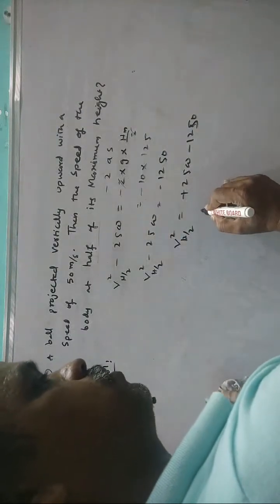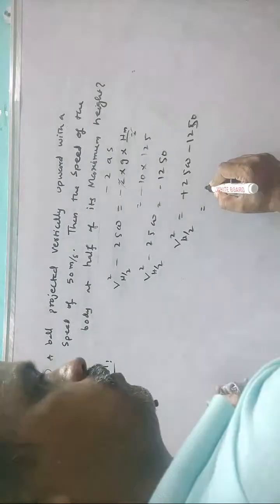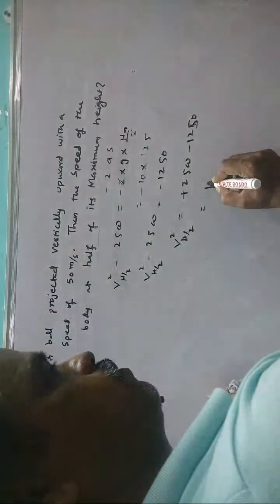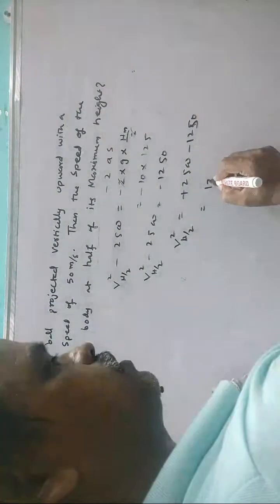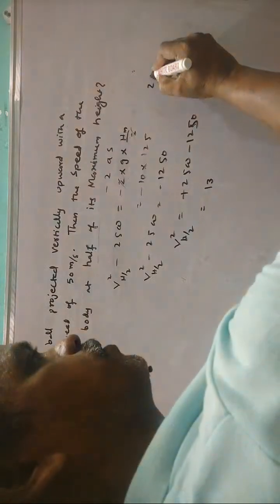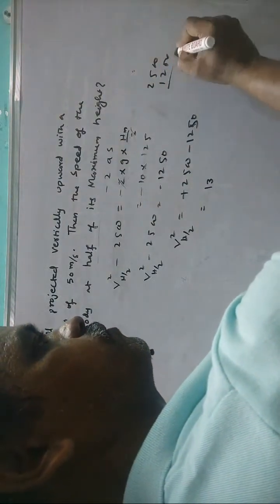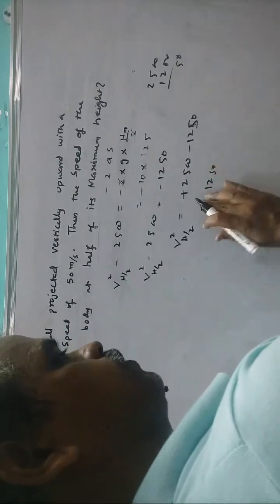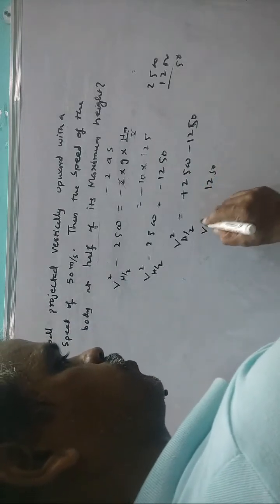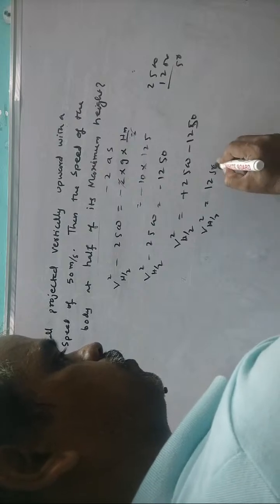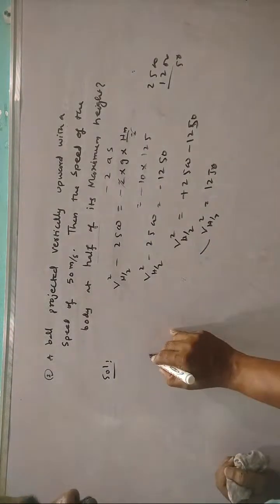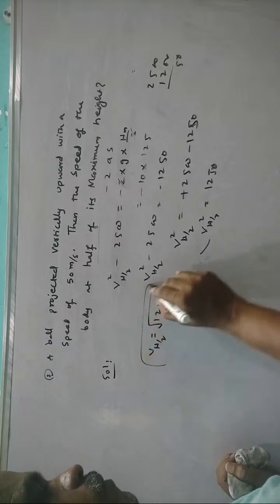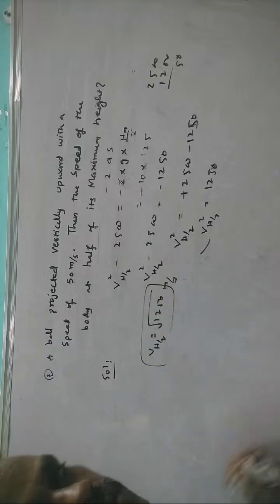So that is equal to 2500 minus 1250, 1250. So v at h by 2 square equal to 1250, and taking the square root you will get v at h by 2 equal to under root of 1250, this is in meter per second.